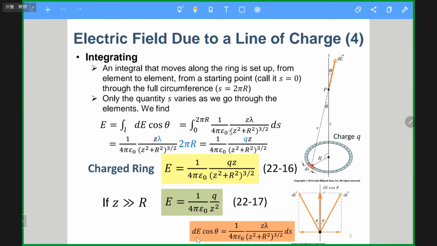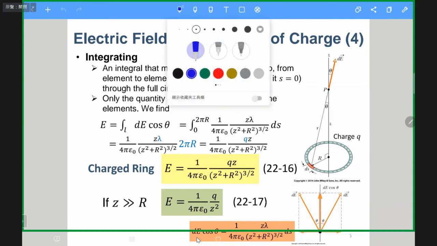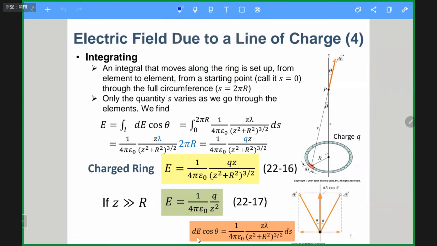So dE cosine theta is this expression as in the last page, and of course this ds is the length, so we integrate it from 0 to 2 pi r, like this. Here it looks like some silly thing: this whole term is actually a constant with respect to ds.